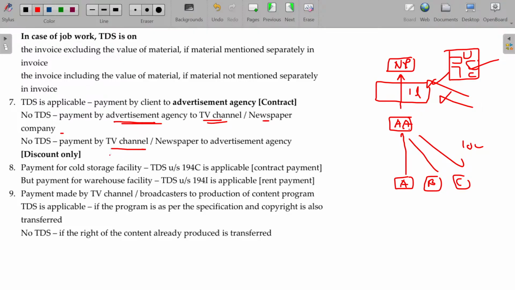Even for payment by the TV channel or newspaper to the advertisement agency, TDS is not applicable. It is a discount only. So this will usually be escaped. But if the agency behaves like a contractee for the newspaper, only then TDS will be applicable.